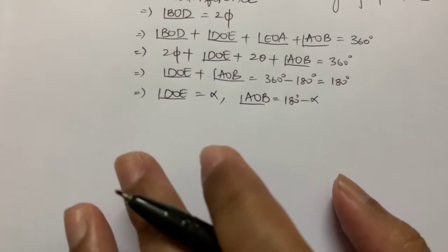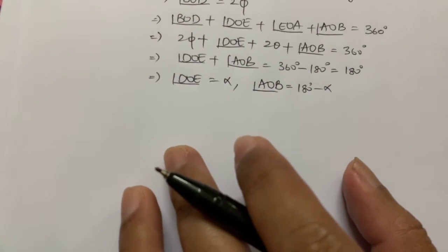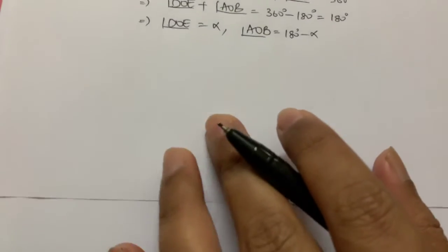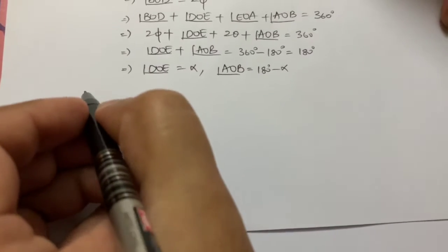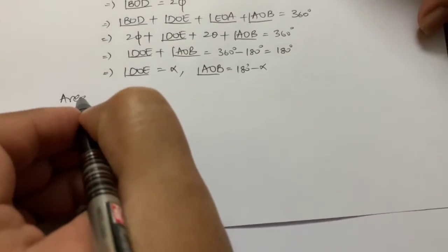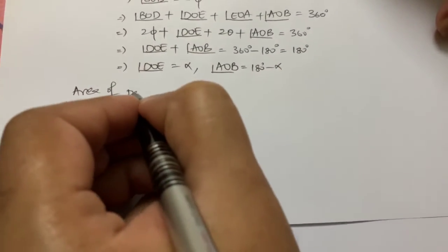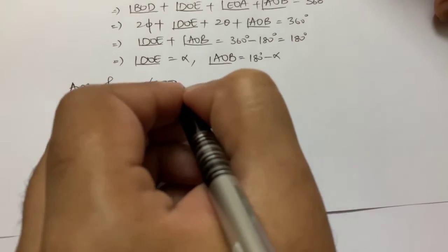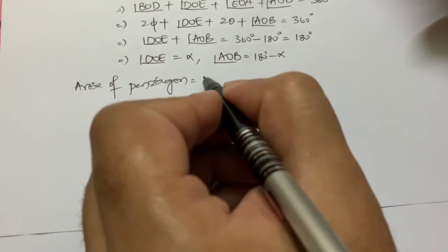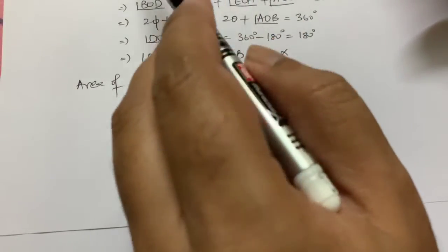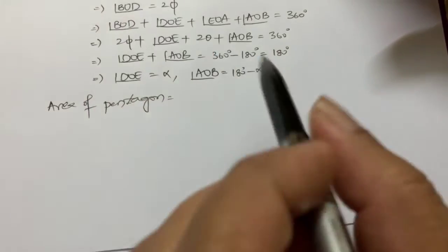Now if I want to write the area of the pentagon in terms of the area of triangles, we have 5 triangles: EOA, AOB, BOC, COD and DOE.